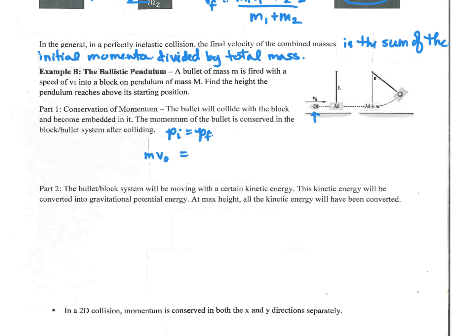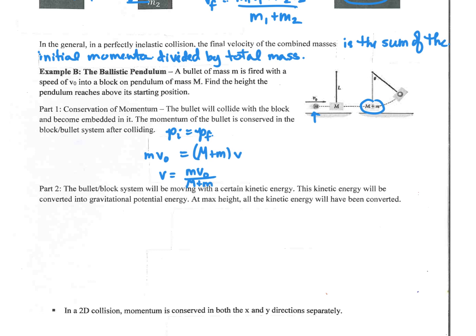We've got the combined masses, so we've got big M plus M moving at some final velocity V, okay? So what is that final velocity? Well, it falls in line. That final velocity is simply going to be M times the initial velocity of the bullet, divided by the total mass of the two combined together.